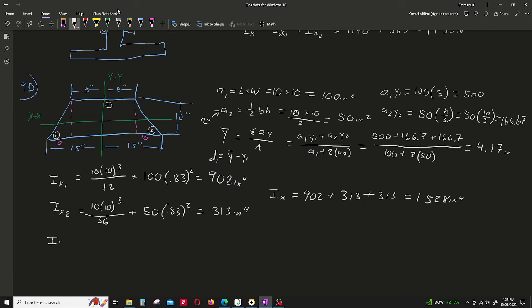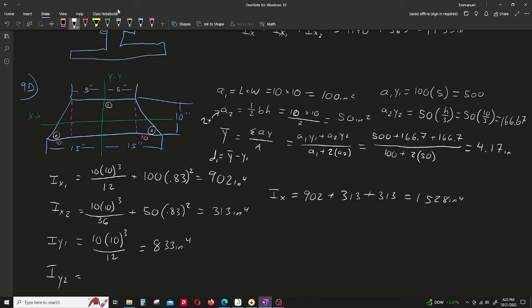Then we can come over here and do Iy1, as well as Iy2. It's going to be essentially the same thing, just coming from the y-axis though. So 10 to the 3rd, divide that by 12, and we get 833 inches to the 4th.